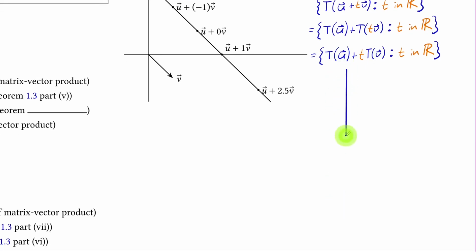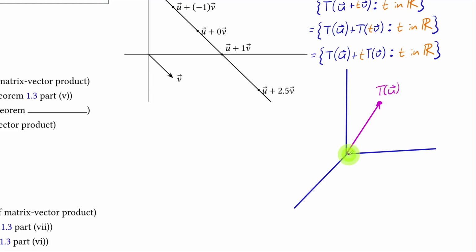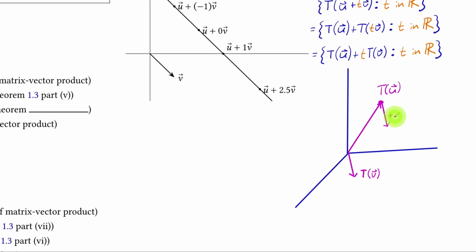Now maybe the output is actually in R^3 or something different. I don't know. But wherever it is, T of u is going to be some vector, which we're going to think of as a point. And then T of v is also a vector. Maybe it looks like this. And we're going to think of that as an arrow. We know we can take any scalar multiple of that and add it to T of u.